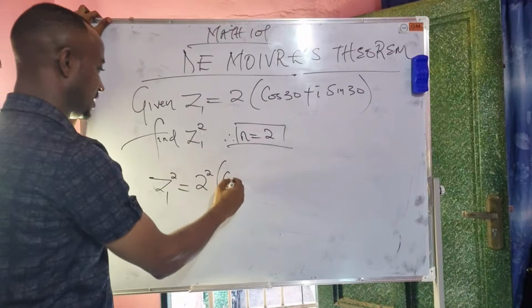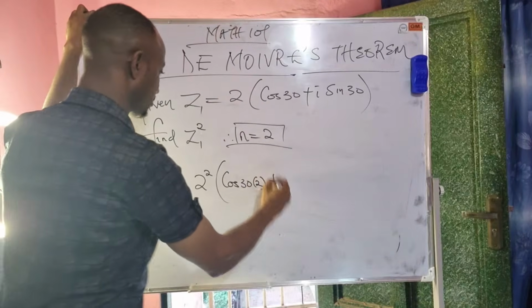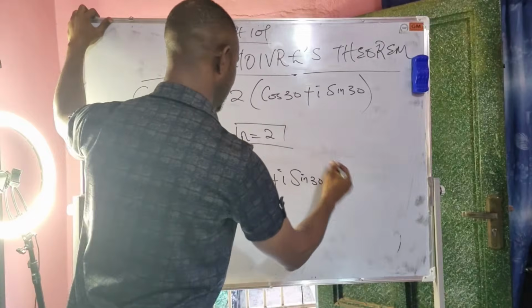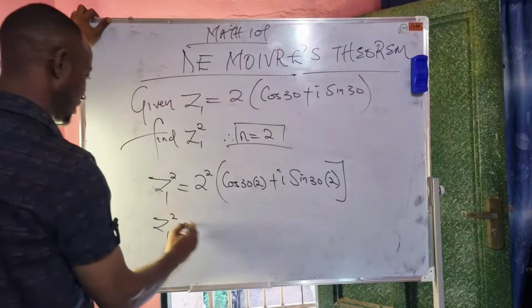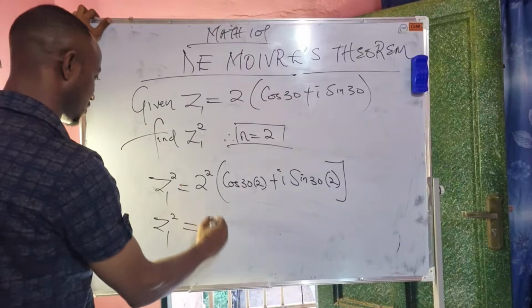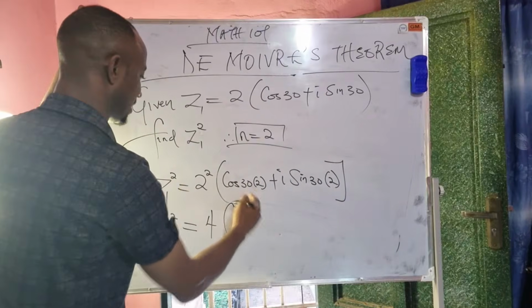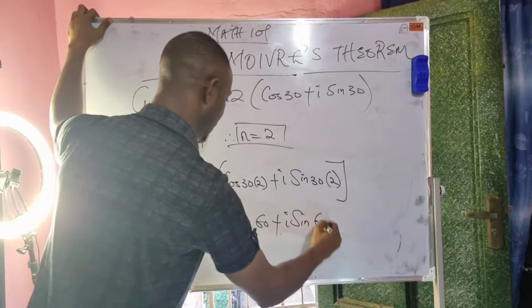That will give us cos (30 times 2) plus i sin (30 times 2). So z1 squared equals 2 squared, which is 4, times cos 60 plus i sin 60.